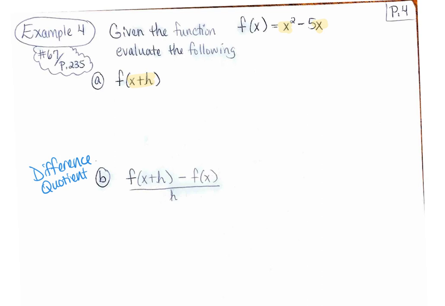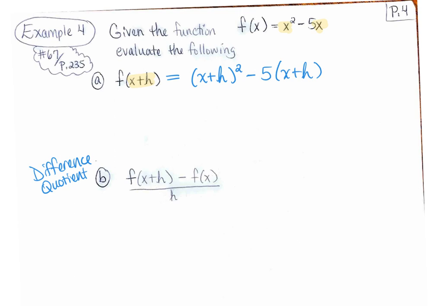Okay, so let's do that. So f of x plus h is equal to the quantity x plus h squared minus 5 times the quantity x plus h. We're not finished yet. That's just the initial step.